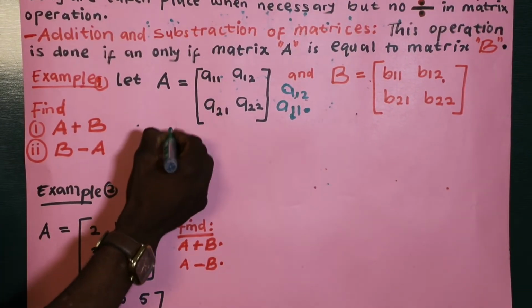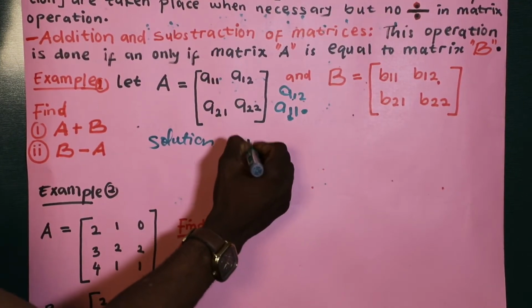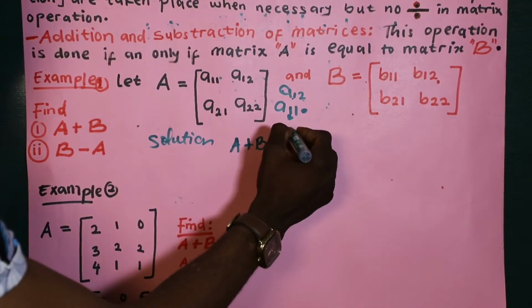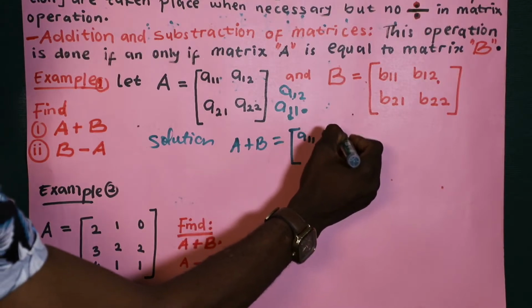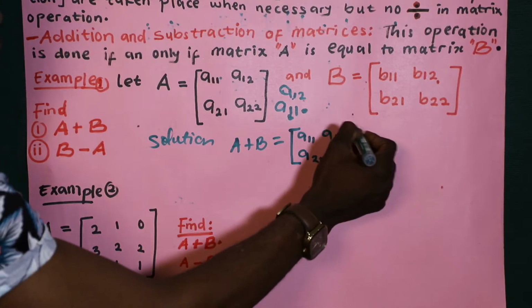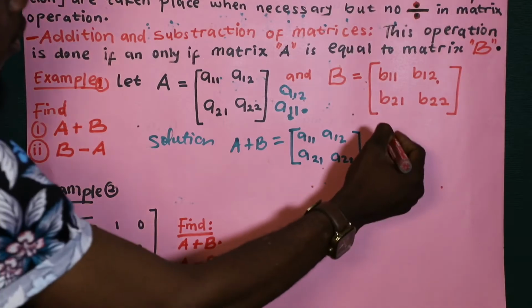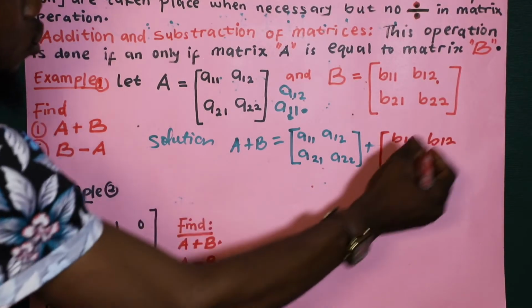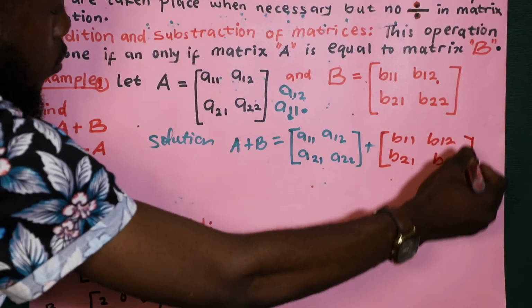Solution: A plus B will be equal to the matrix of A, A11, A12, A21, A22, plus the matrix of B, B11, B12, B21, B22.